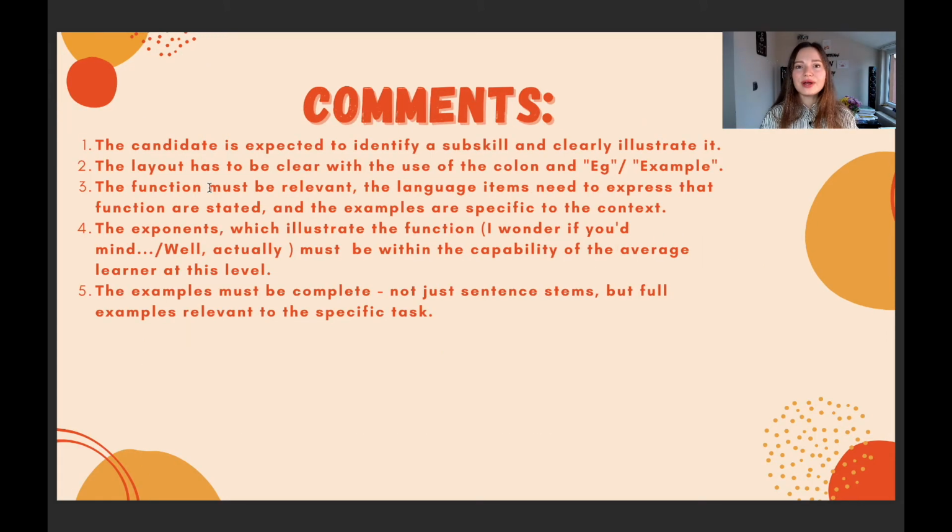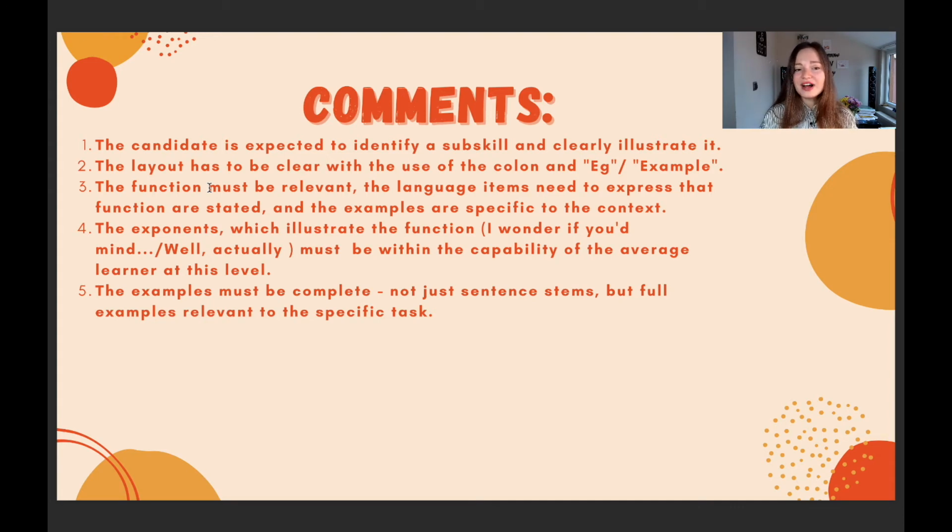And now let's have a look at the comments. First of all, you as a candidate are expected to identify a subskill and clearly illustrate it with the examples. Secondly, the layout has to be clear with the use of colon and example. The examiner should easily approach your writing, which means you need to write distinctly.